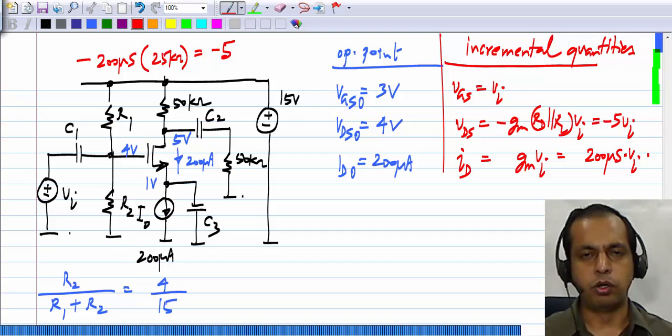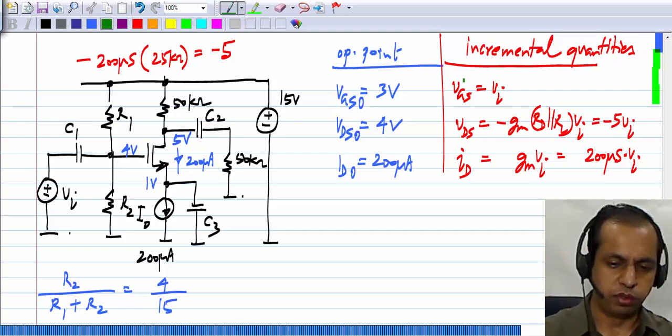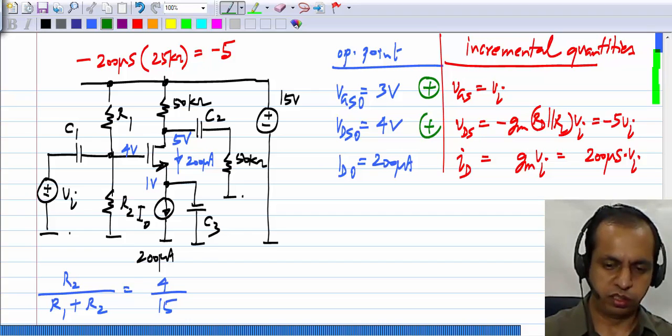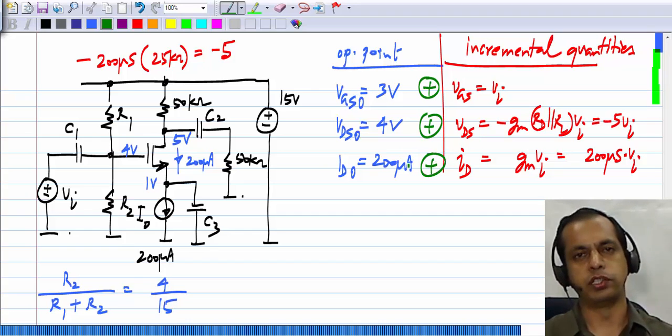Now to get the total quantities, what we have to do is to add the operating point to the incremental quantities.